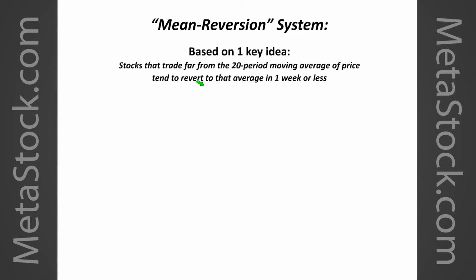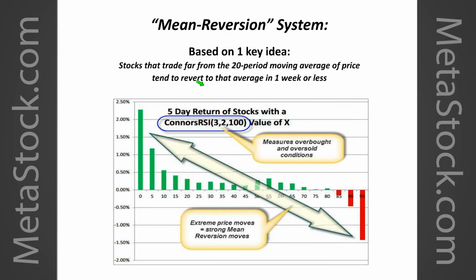You're going to get the most average price movement on a percentage basis per day on a 5-day exit, as opposed to a longer-term hold. But there are other ways of managing this system. We're not going to worry too much about that here. We don't have the time to get into those details.